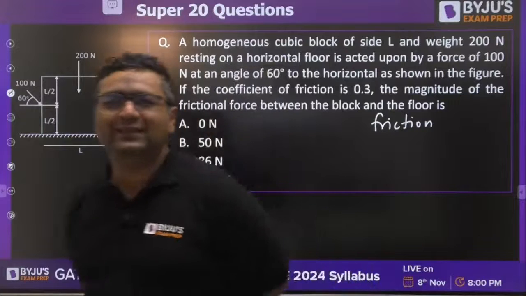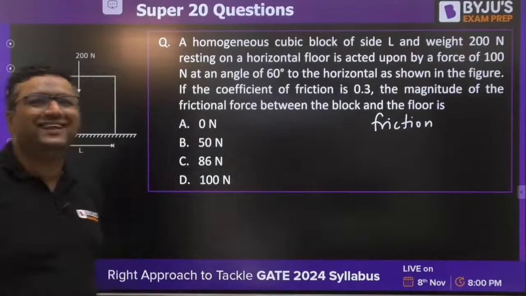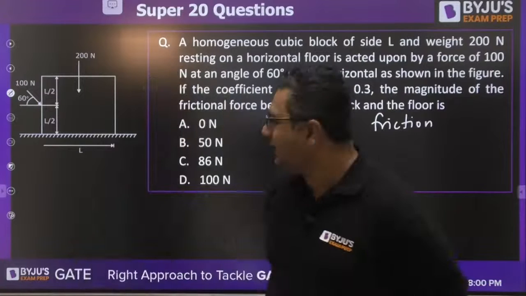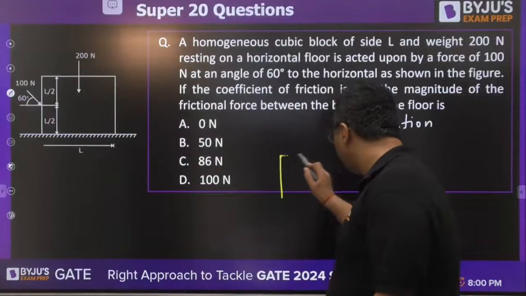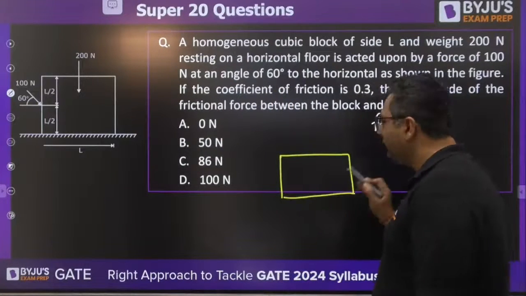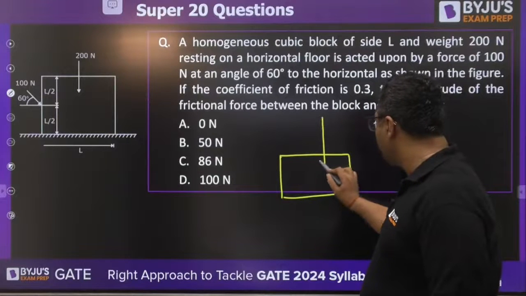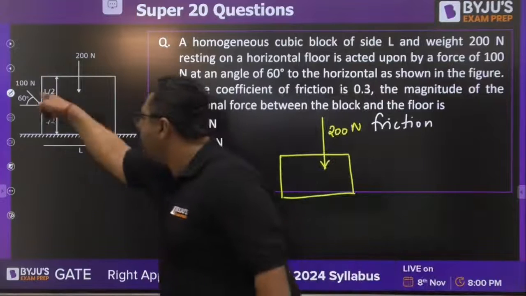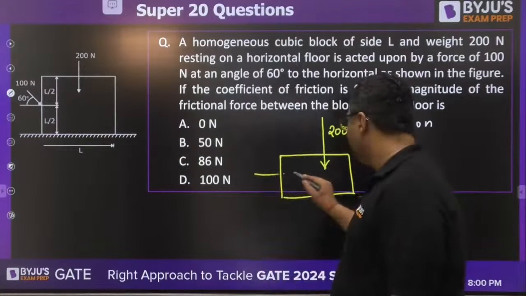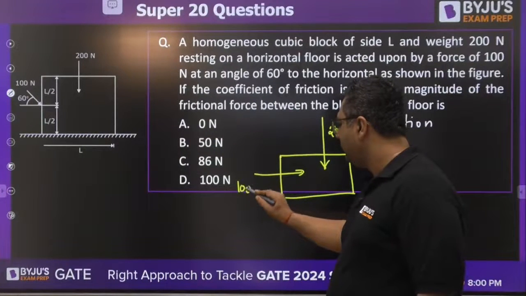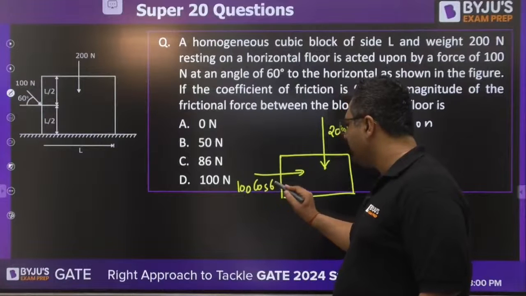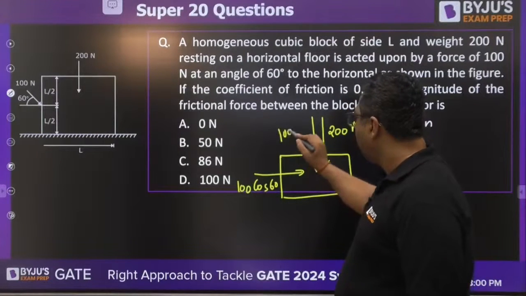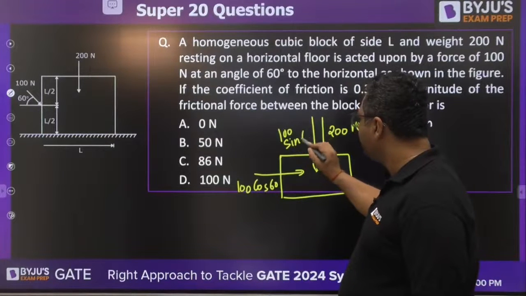Manu is saying C. Viresh is saying C. So guys, I can understand your feelings here. This is the block. What you are doing is, this is 200 and you will take component of this 100. So here will be 100 cos 60 and here will be 100 sin 60.